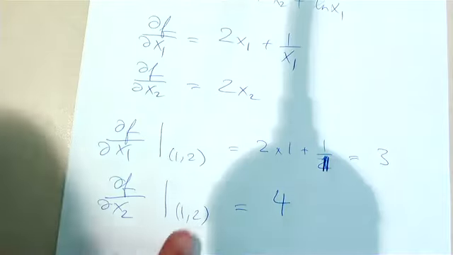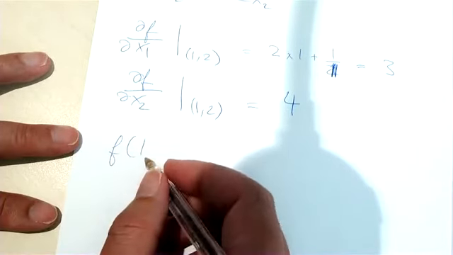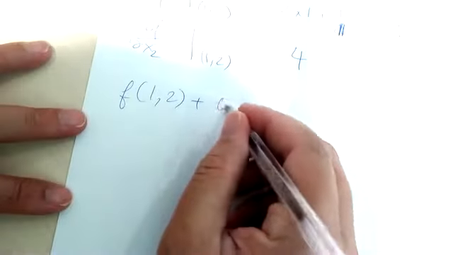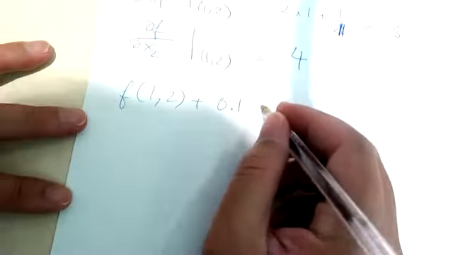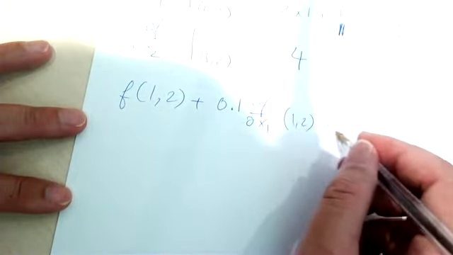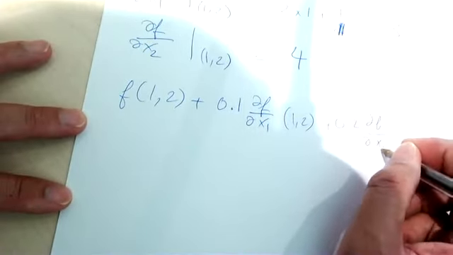So now when you plug it in, f of 1, 2 plus 0.1 times partial f1 at 1, 2 plus 0.2 times partial f2 at 1, 2.